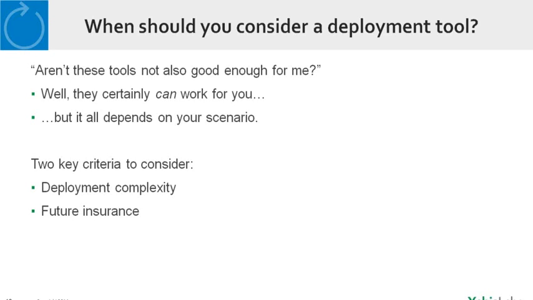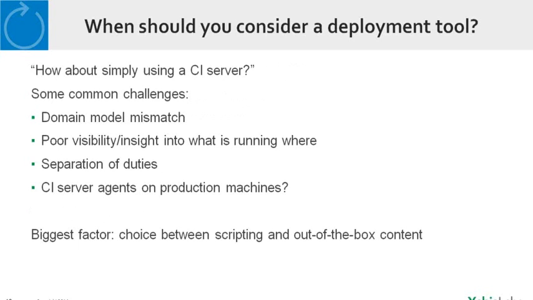So it's sort of like Turing completeness here. Each of these tools can do what the others do, but are they well suited to your particular setup is, I think, the big question. And then we'll talk about two metrics that we've used in the past in a little bit, deployment complexity and future insurance. But let's tackle some of the common questions head-to-head first.